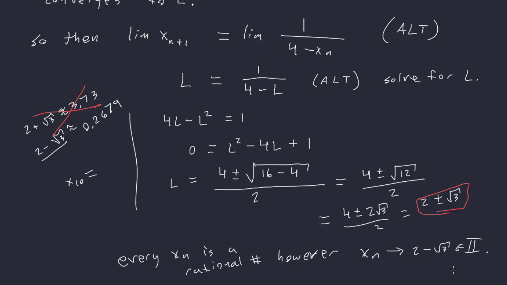Okay, now that is a very interesting fact there that we are going to look at in more detail as we go further. But this is essentially telling us that the rationals are not closed under limits, but the reals are.